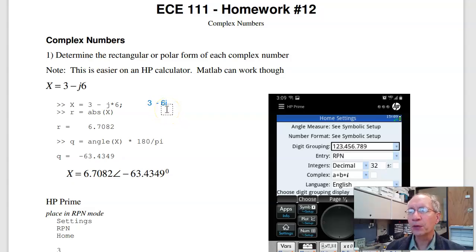To convert to polar form, I take the magnitude, that's the radius. To find the angle, that's the Matlab command, angle. Matlab will give you radians. Rule of thumb, anything English is wrong. So converting radians to degrees, I have to multiply by 180 over pi. So that's minus 63. So 3 minus j6 is also equal to 6.7 at minus 63 degrees.